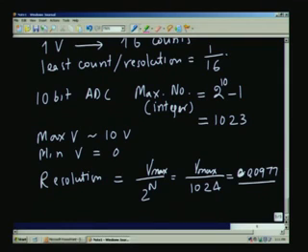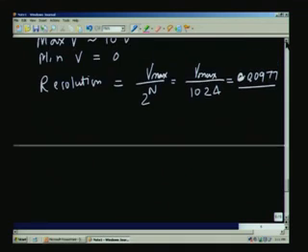Okay. So, what it means is that, I think there is a small error here. Let us just go through again.